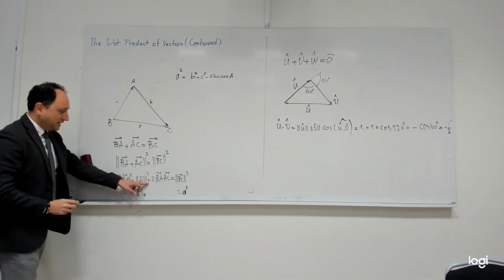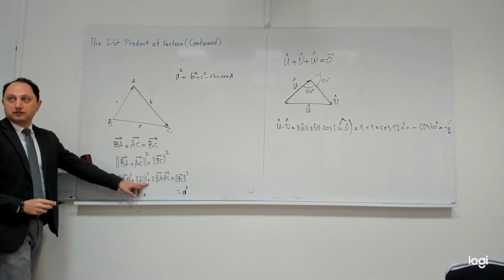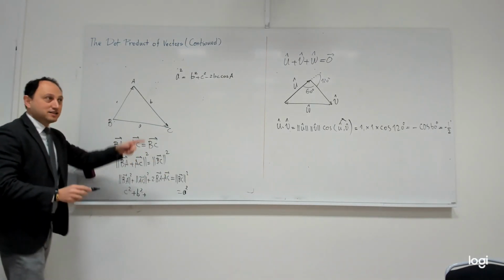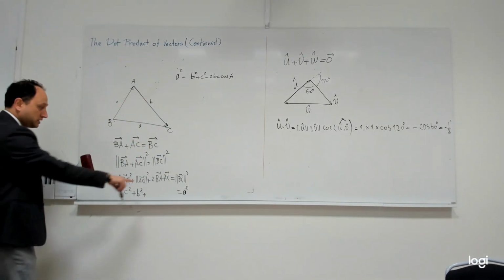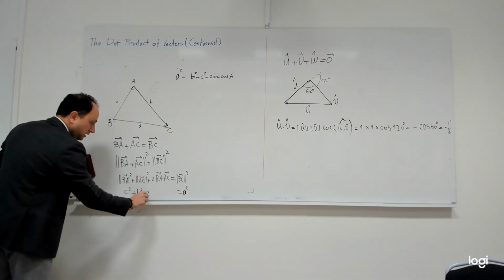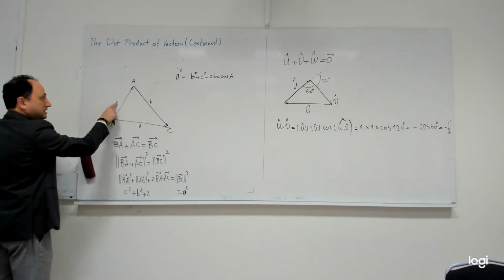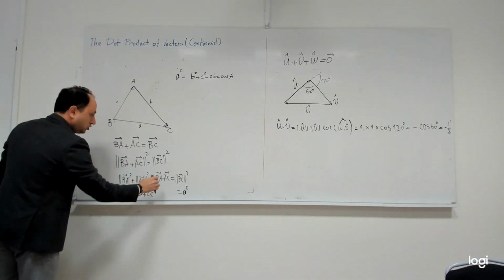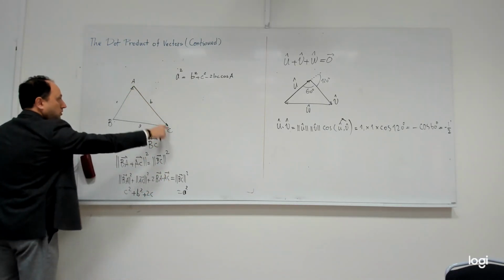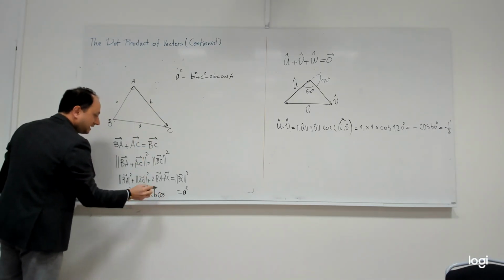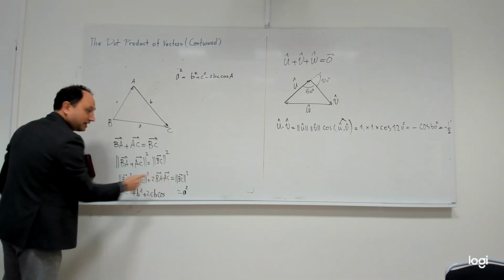So you might say that this is the wrong sign, because in the cosine rule I should have a negative sign, but that's exactly the same story that happened there, because this becomes 2 times the norm of BA, which is C, times the norm of AC, which is B, times the cosine of the angle between vector BA and vector AC.